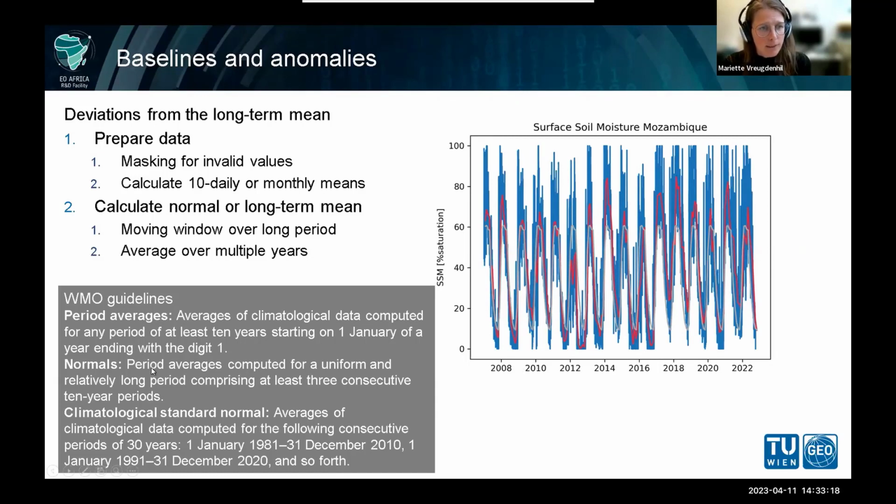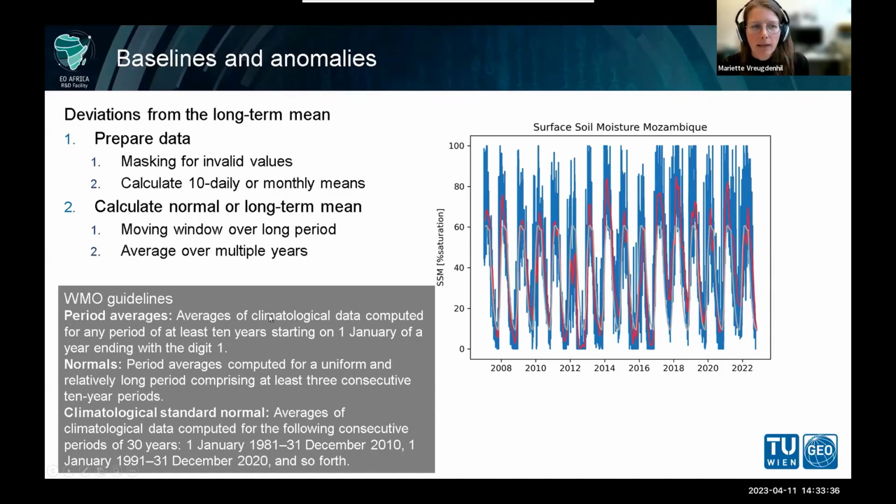A normal is the period for at least 3 consecutive 10-year periods, so at least 30 years of data. And then a climatological standard normal is, let's say, 1991 until 2020 or 1981 until 2010.